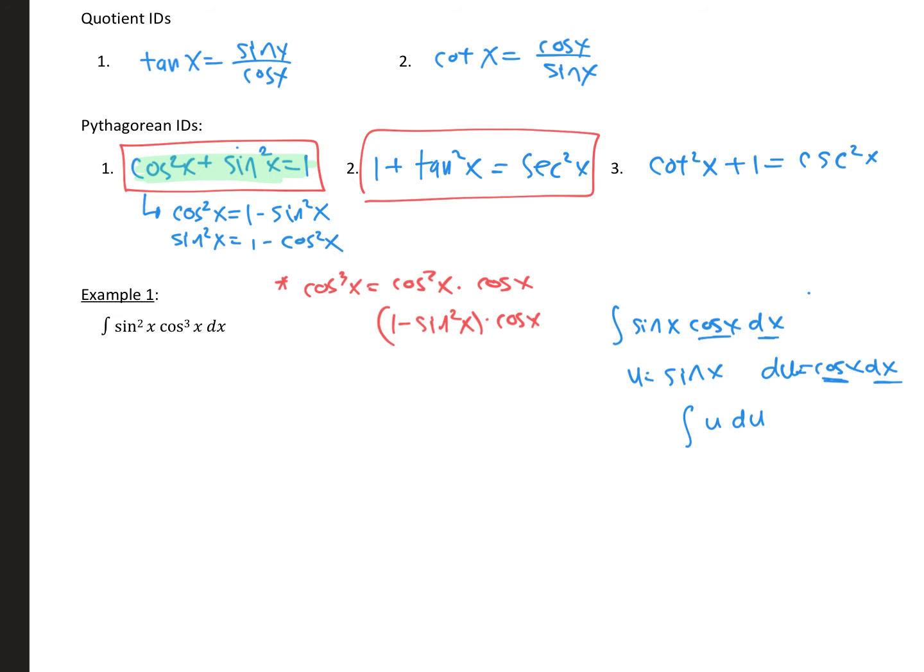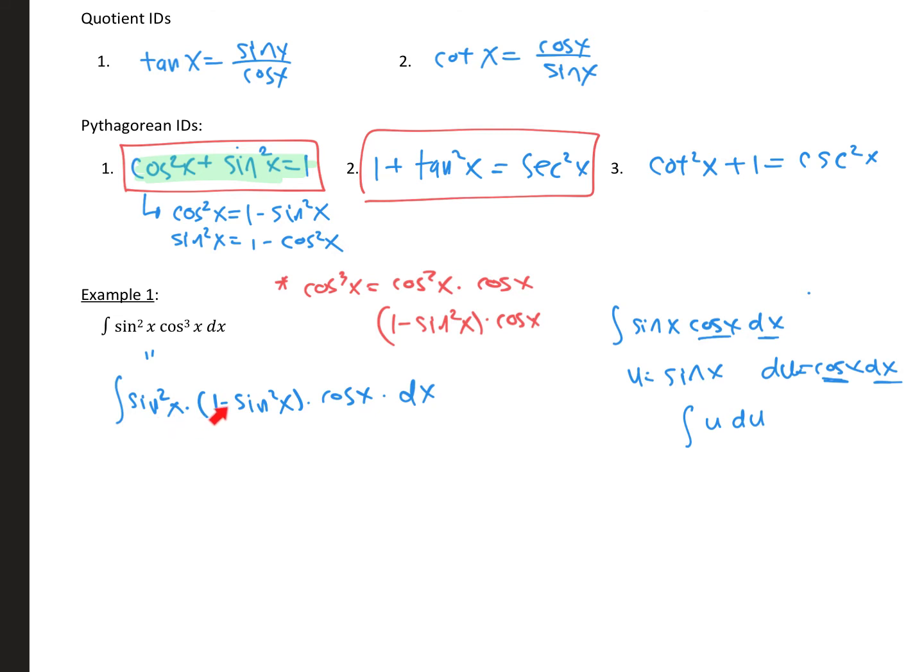So let me go back here. So this is sine squared times 1 minus sine squared times cosine x dx. So instead of cosine cubed, I wrote 1 minus sine squared times cosine x. That sine squared, I had it initially.